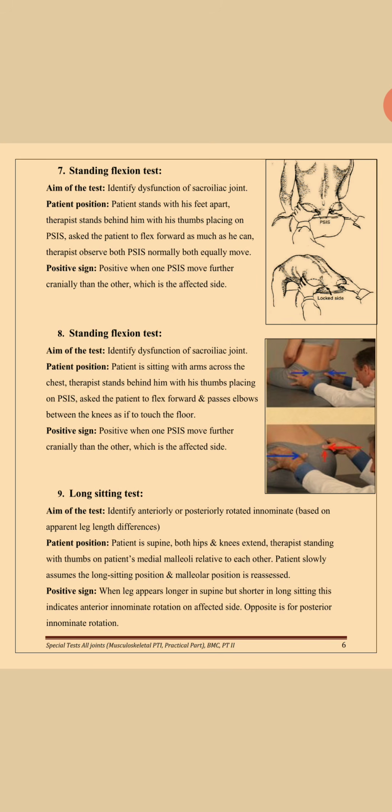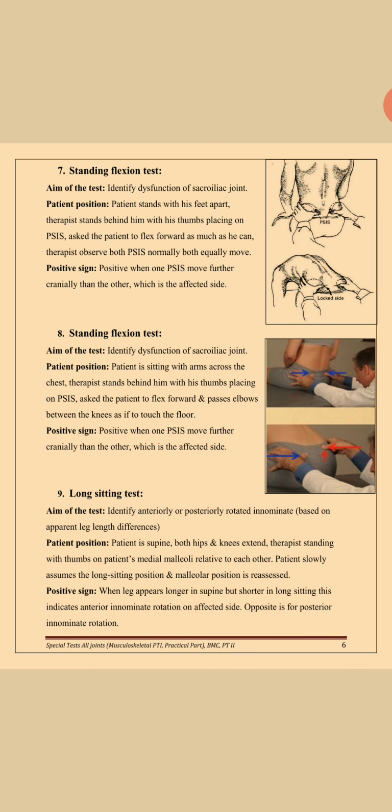Long sitting test. Aim of the test: identify anteriorly or posteriorly rotated innominate based on apparent leg length differences. Patient position: patient is supine, both hips and knees extended. Therapist stands with thumbs on patient's medial malleoli, assessing them relative to each other.